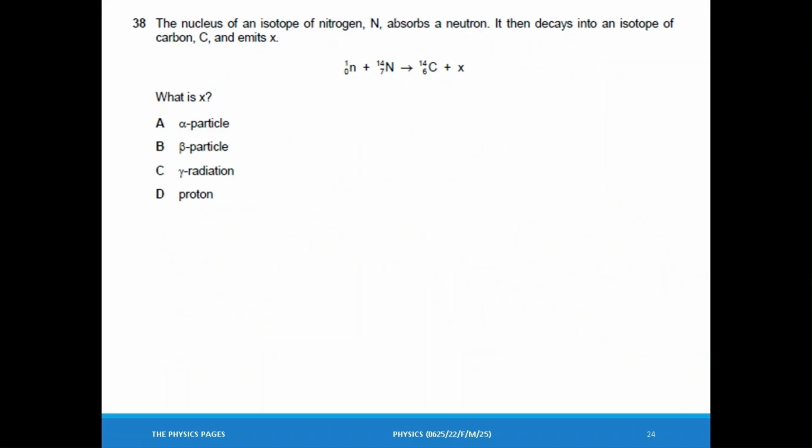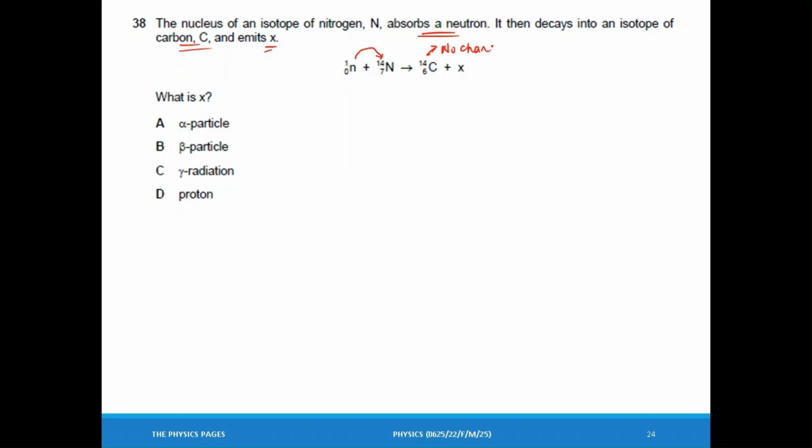The nucleus of an isotope of nitrogen N absorbs a neutron. When it absorbs a neutron, it then decays into carbon. What does it emit? So it is getting a neutron bombarded on the nitrogen. The neutron changes the nucleon number, but here there is no change in nucleon number.